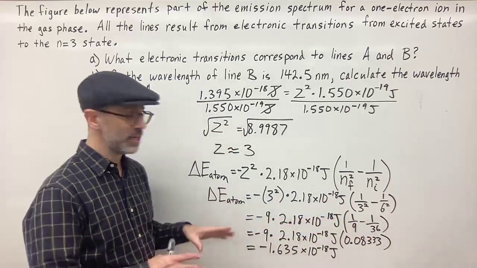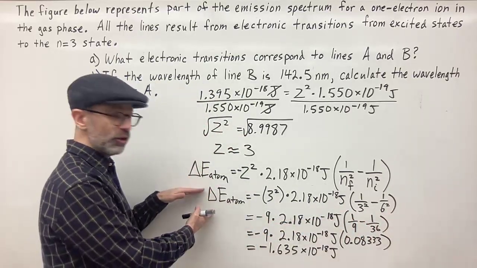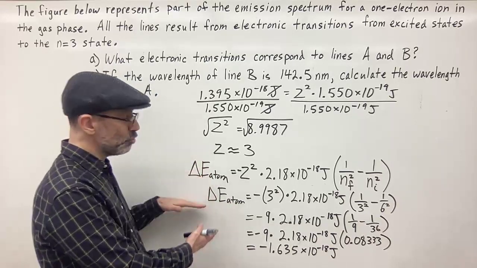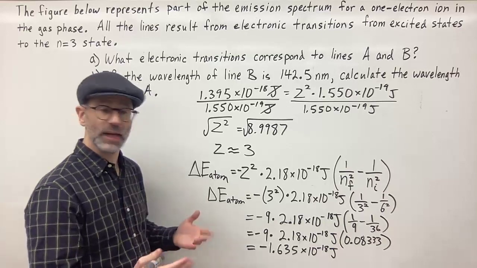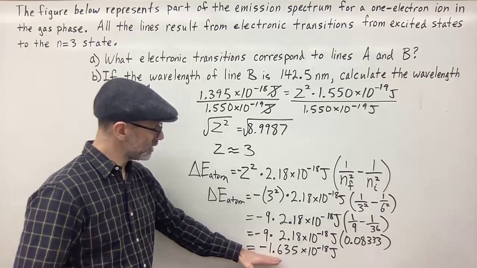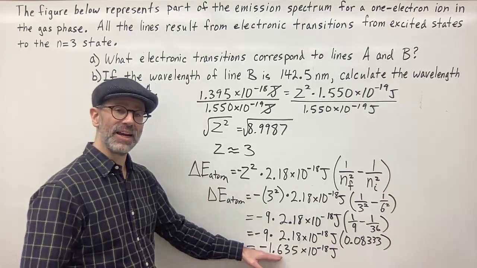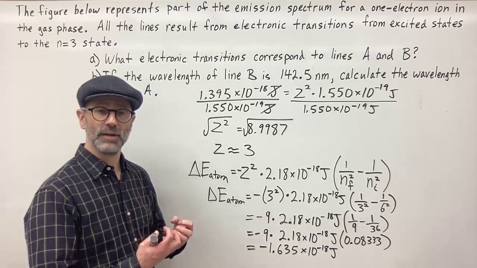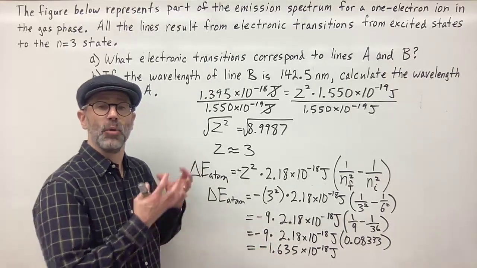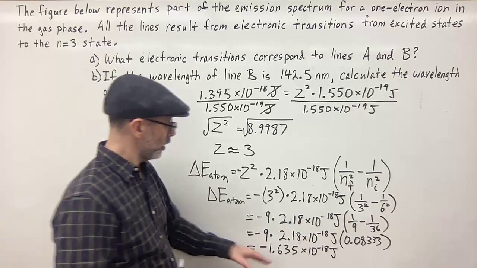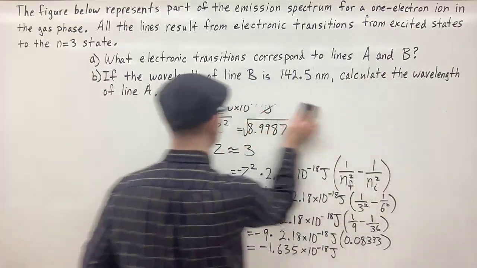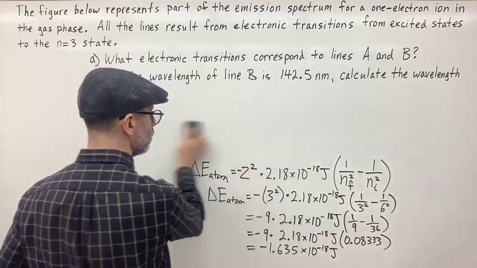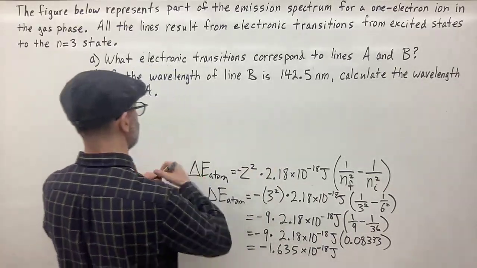Now, that change in the atom's energy is due to the release of energy in a photon, energy of light. So this energy that was lost by the atom was gained by the photon, was released as a photon with that energy. So all we need to do now is use our equation.